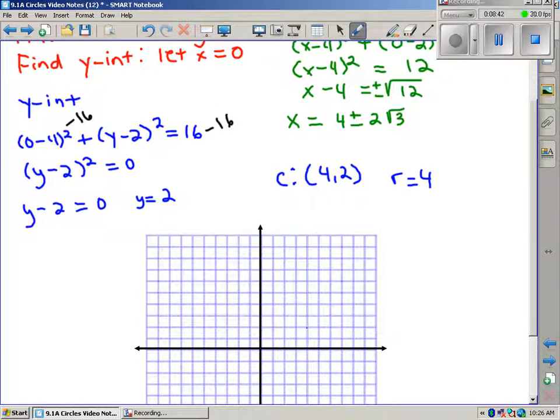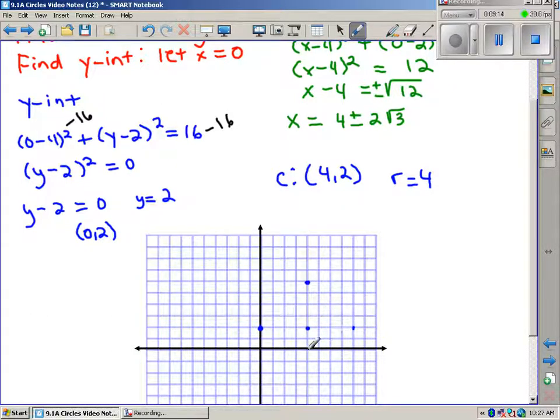Now with a radius of 4, I actually can go ahead and plot 4 points very easily. So I can just take 4 to the left, right, up, and down from this point. So I'll get that point right there. Oh, look, there's my y-intercept, and it is at, so this point over here, I'm sorry, is actually 0, 2, and that's where my y-intercept is. And finally, I would move down 1, 2, 3, 4.